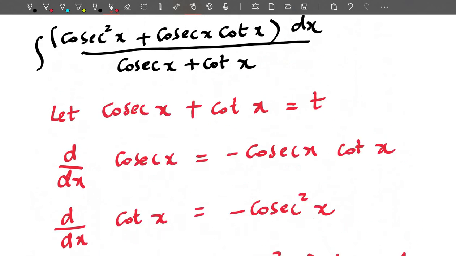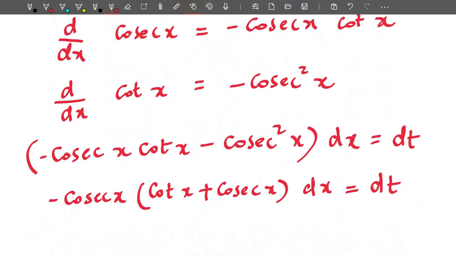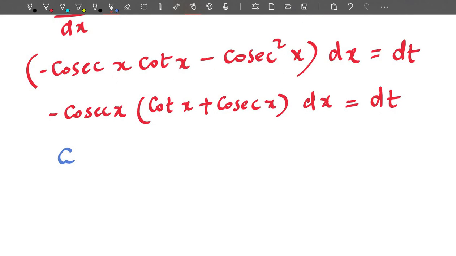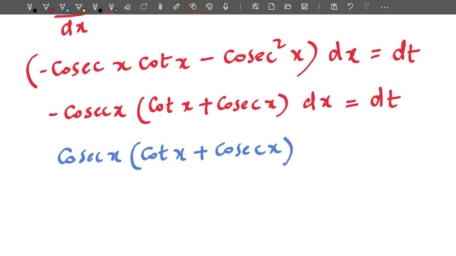So now when you observe the numerator part, the minus is what is extra, so let us take the minus sign to the right hand side, which will give us cosecant x bracket cot x plus cosecant x, which is there in the numerator part, which will become minus dt.